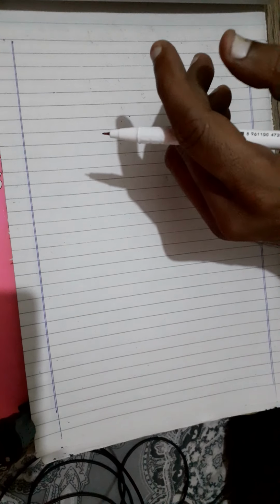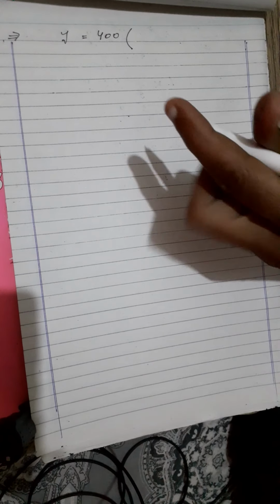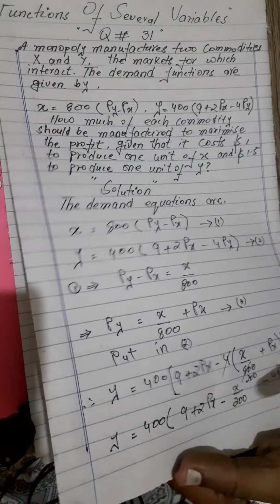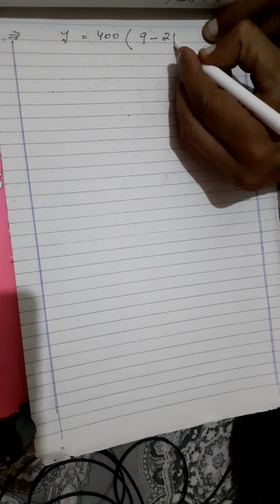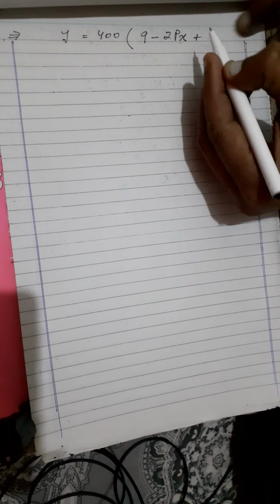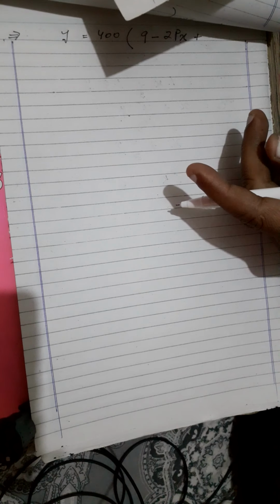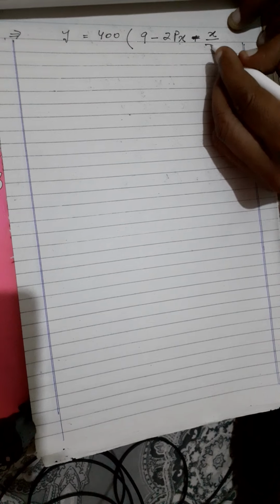This implies that y equals 400 times (9 plus 2Px minus 4Px minus 2Px plus x by 200 minus x by 200).